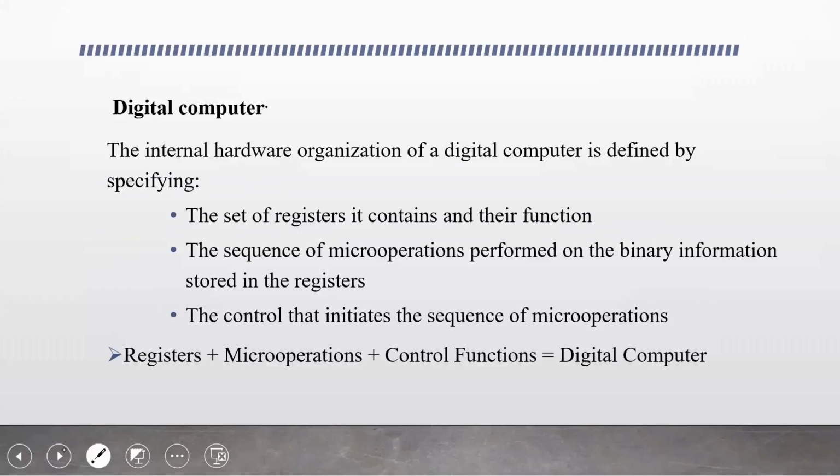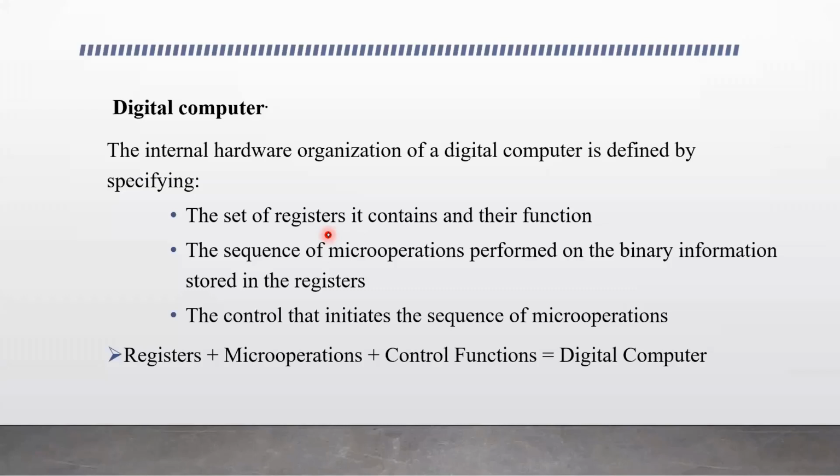A digital computer is defined by specifying the set of registers it contains and their functions. Different registers perform different functions. As we learned in the initial class, there are registers such as general purpose registers that store the data, and there are other registers that store the instructions, such as instruction registers and program counters.